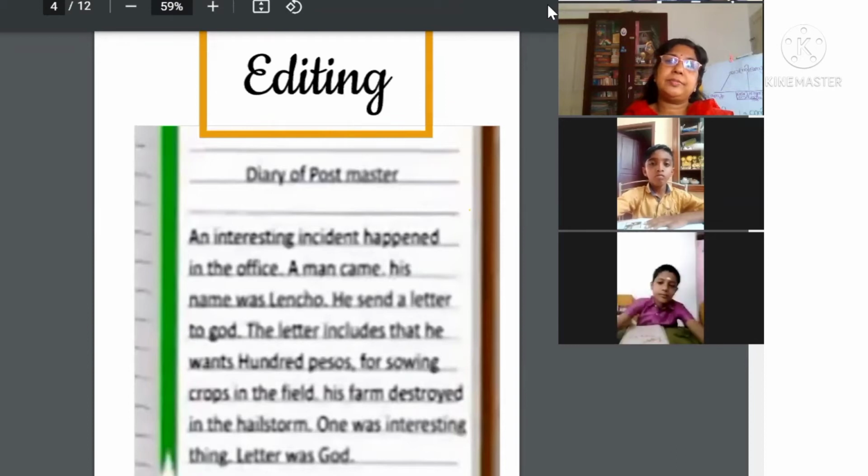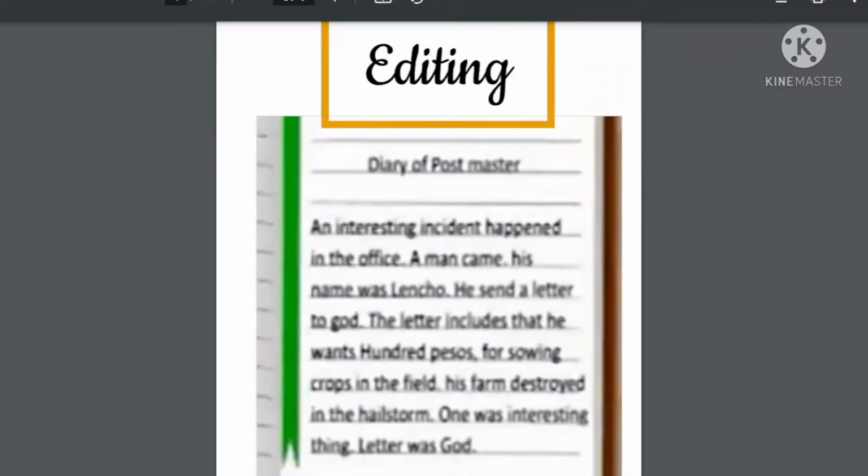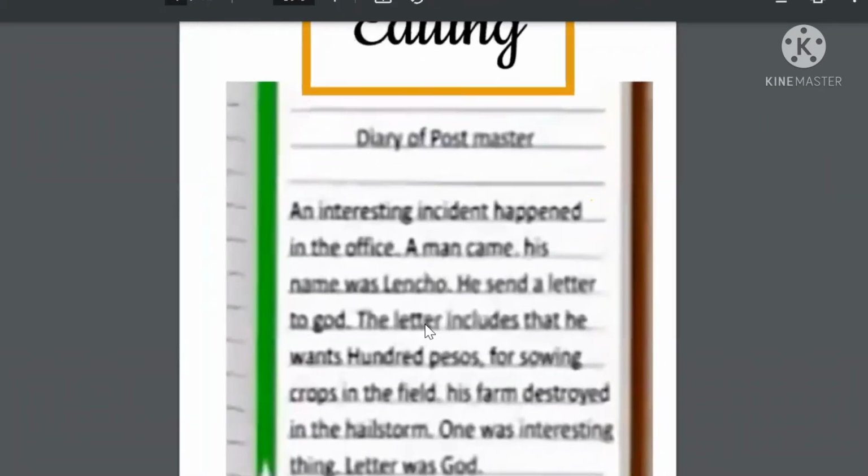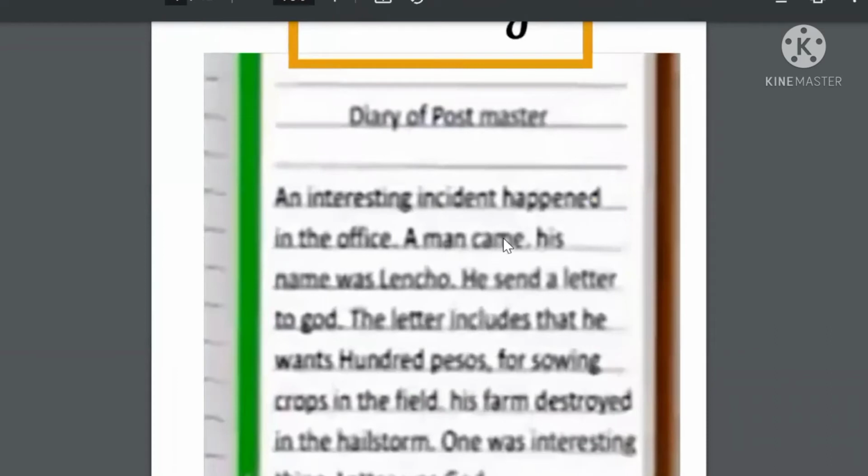Then listen to this. As we discussed earlier, see this. His name was Lancho. This letter we should begin with a capital letter because it's the beginning of the sentence.